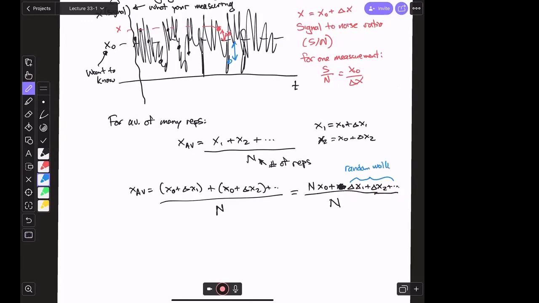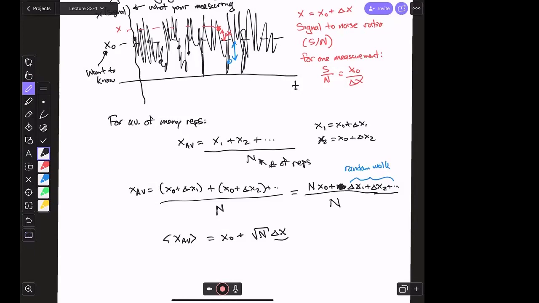And so on average, the average value of X av would then be, so this first part, N X naught over N, that just becomes X naught plus the square root of N times the typical deviation.